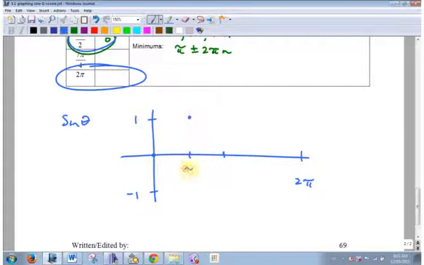Pi over 2. Here, it's 0 again. So if I know that, do you know where it goes now? Yeah, it's got to go down here, doesn't it? At 3 over 2 pi. And then, well, it repeats itself. So that's a good 10-second graph of sine. Shows a lot of knowledge. That's what we want.